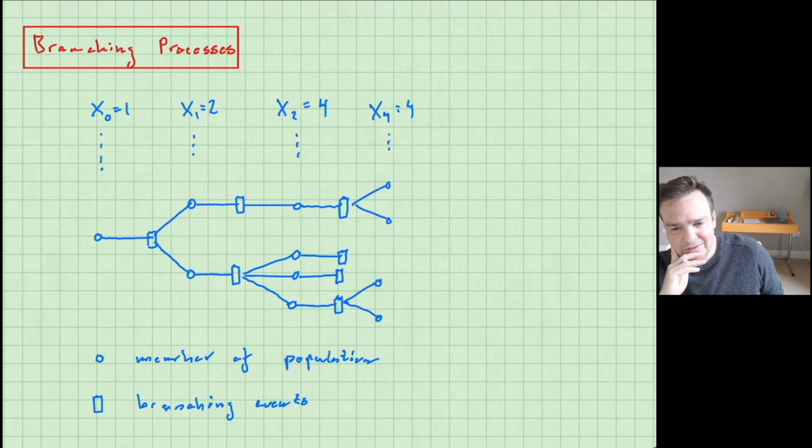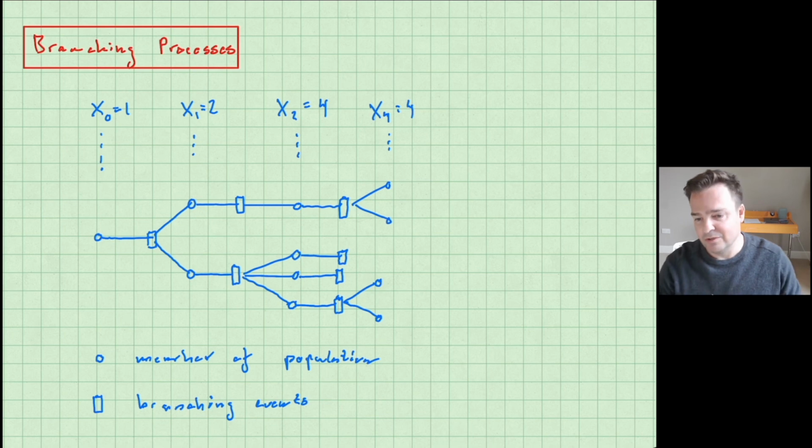They were particularly interested in the extinction of fancy surnames, or something like that. It's one of the more embarrassing topics from the history of statistics, of which there are quite a few. In this case, each of the branching events meant the production of a male heir. But again, it's a pretty unsavory past.